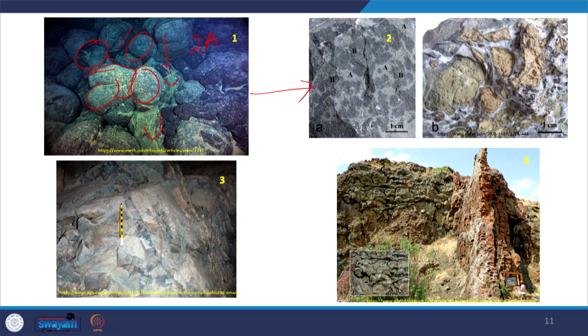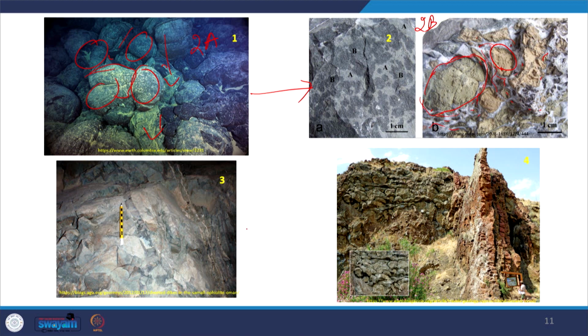Now, coming here, this is 2B, and if you see here, these white colors are the secondary minerals, they are filled here, the porosity is filled. You see this is the pillow, and around this pillow these white color minerals are surrounding. Similarly, this is a pillow, and in between, this pore space is filled by white color minerals, that is the zeolites or quartz and calcite, like that.